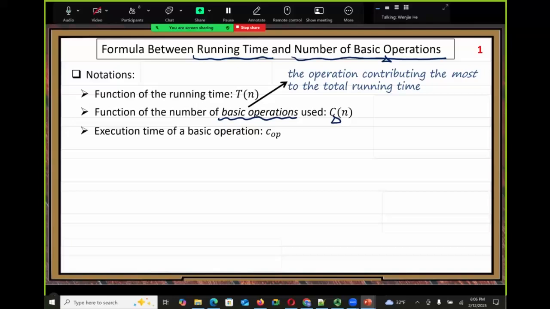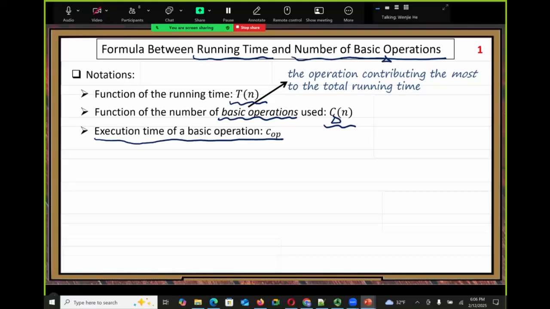Here we want to study the relationship between these two functions, the capital T function and the capital C function. To study their relationship, we need to make an assumption about the execution time of a basic operation, one basic operation on a particular machine, this little c op constant.